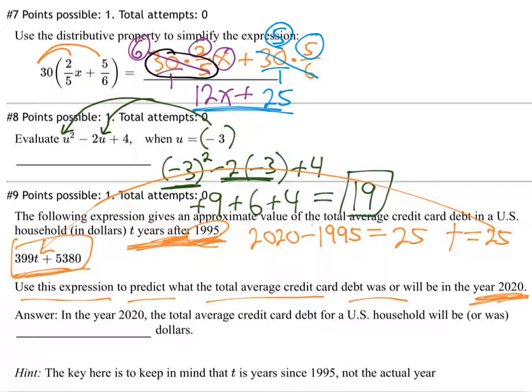And then let's work it out. That's what that formula is saying. Plug in the T, and I'll tell you the answer. So we're going to plug in. Isn't it 399? Oh, yeah, thank you. I messed that up, didn't I? 399 times T plus 5380.